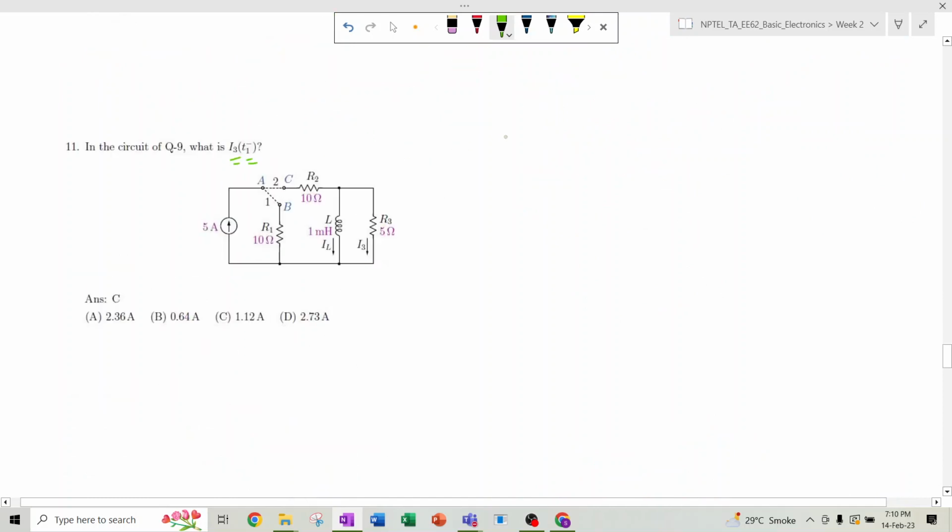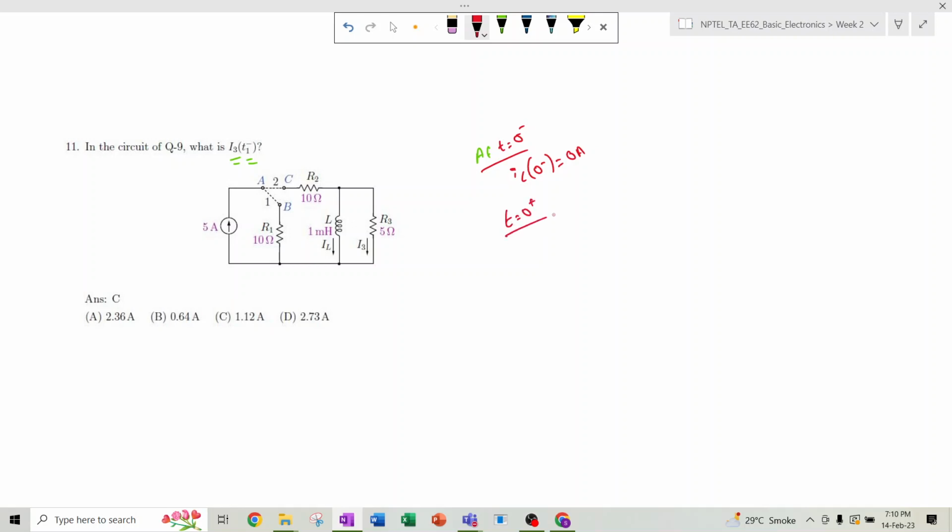So what we have already discussed, at time 0 minus, IL 0 minus is equal to 0 ampere. Similarly for t equal to 0 plus, IL 0 plus is equal to IL 0 minus, which is 0 ampere.